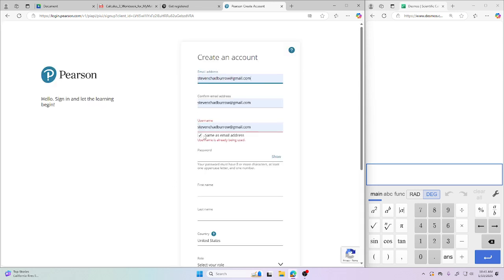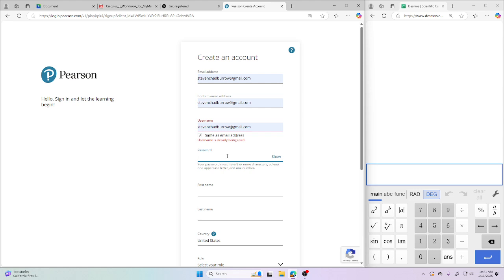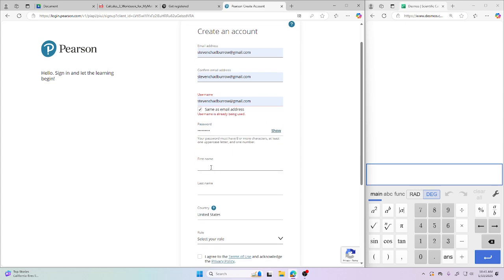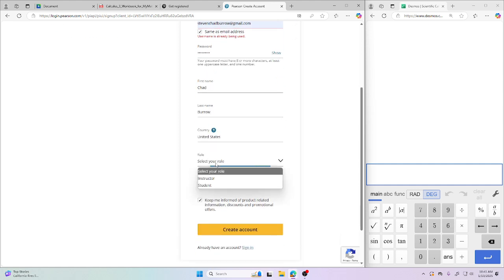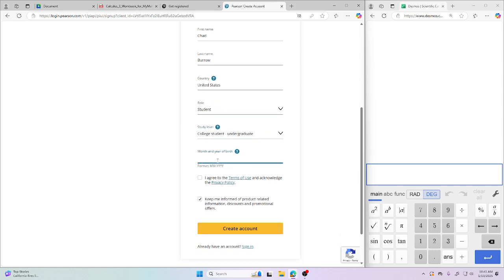Let's do it. Same as email. Yep. No, stop. Okay. What if I just put like password 1 in there? Look, I'm telling you my password. Okay, it's okay. And so yes. I'm a student this time, and undergrad, I guess. I don't know all this stuff.